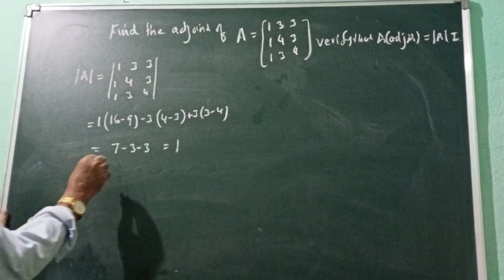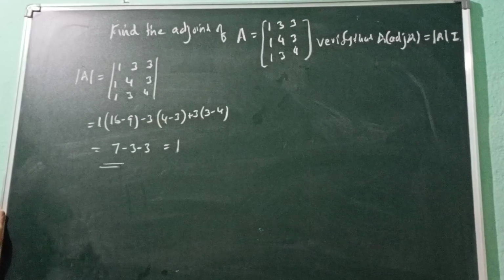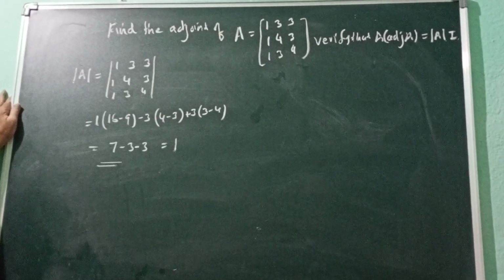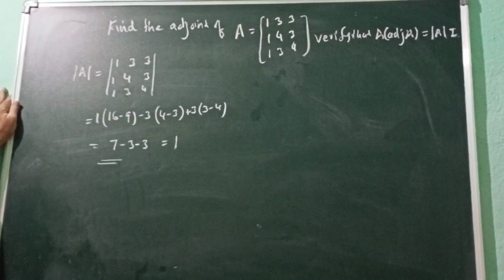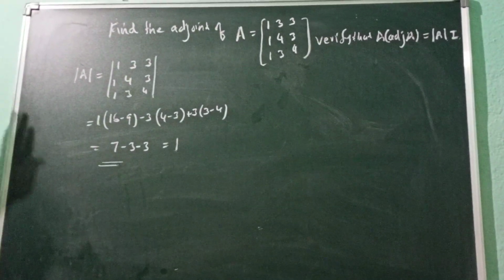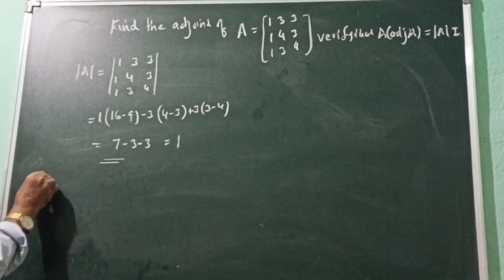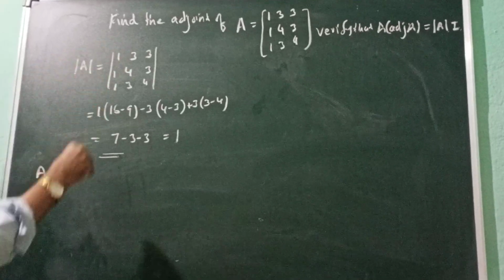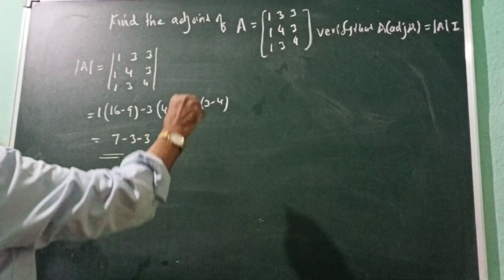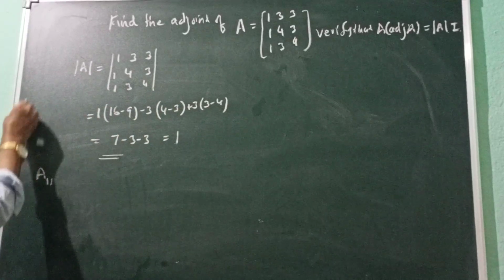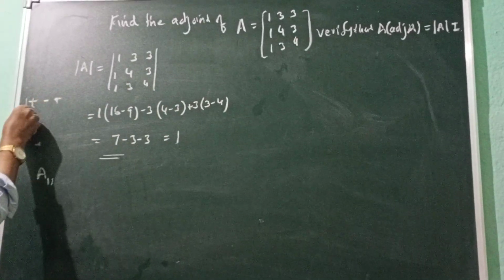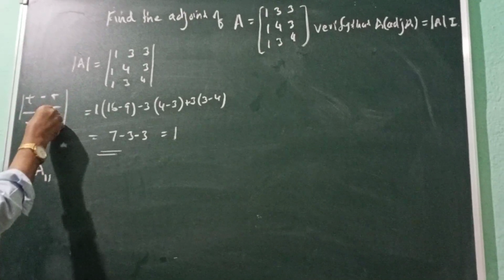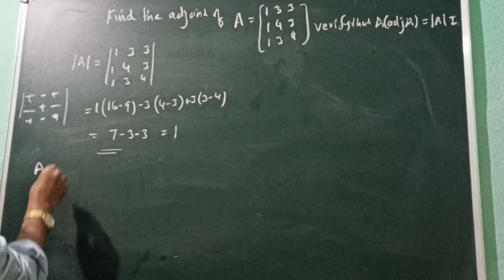Now we start finding the adjoint. To find the adjoint, we have to find the cofactor of each and every element. Let us start with the cofactor of the first row, first column element, that is 1. Let me write down the appropriate signs here: plus, minus, plus, minus, plus, minus, plus, minus, plus, because for the cofactor we need the appropriate sign.